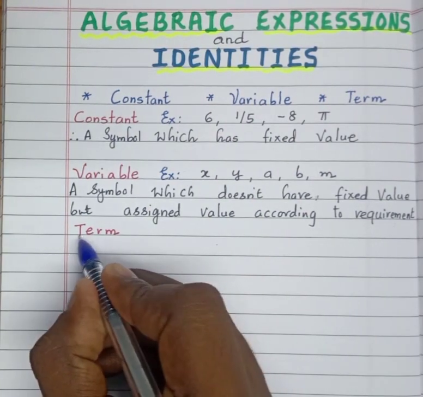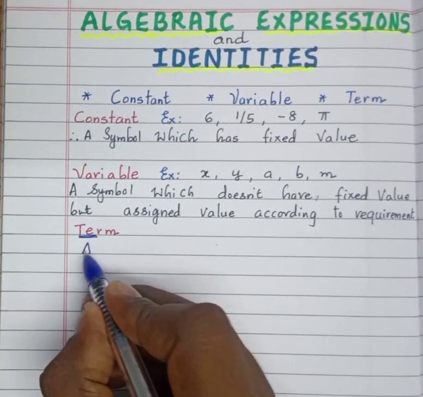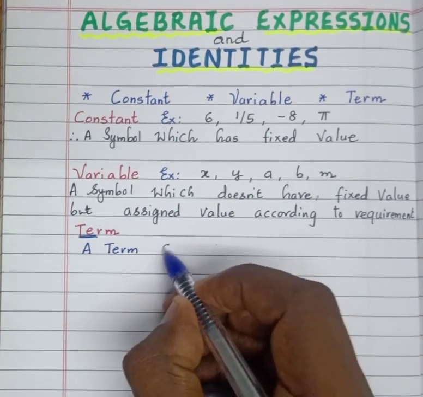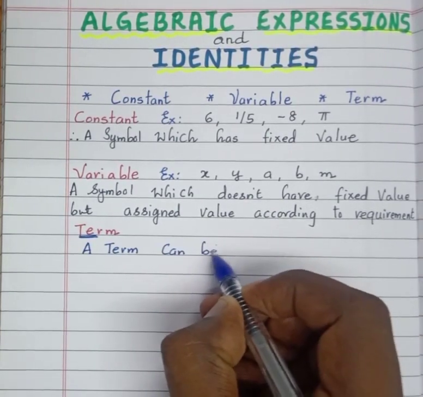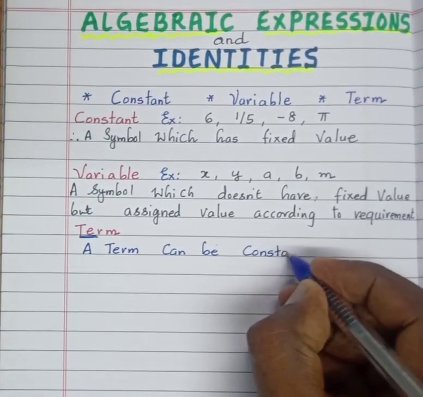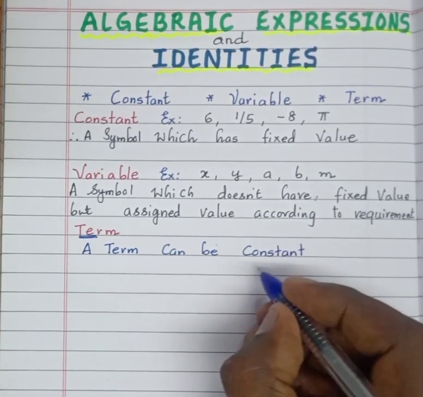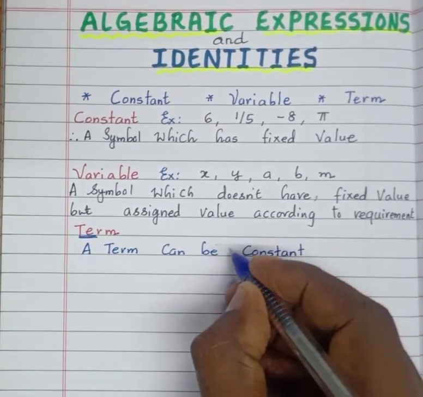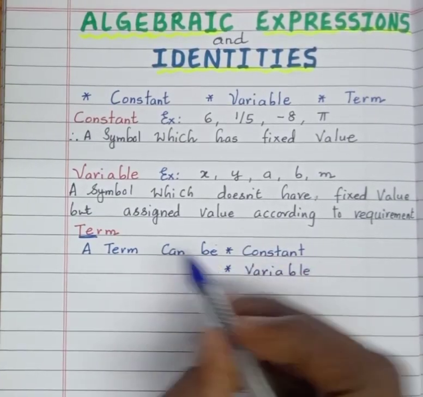Now, we should understand about term. A term can be a constant or variable or a combination of both. What is term? A term can be a constant or variable, or it can be a combination of both constant and variable.